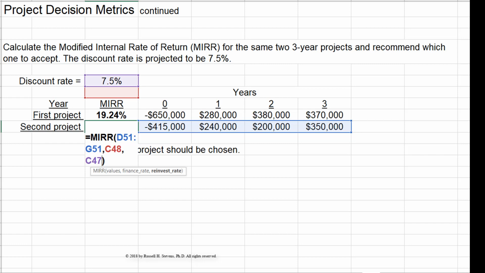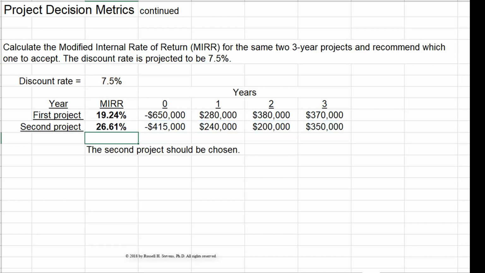Press the left arrow key 4 times. Press the backspace key to delete the 8 and enter a 7, and press enter. The correct modified internal rate of return for the second project is 26.61%. Like the prior two analyses, this indicates that the second project should be chosen.